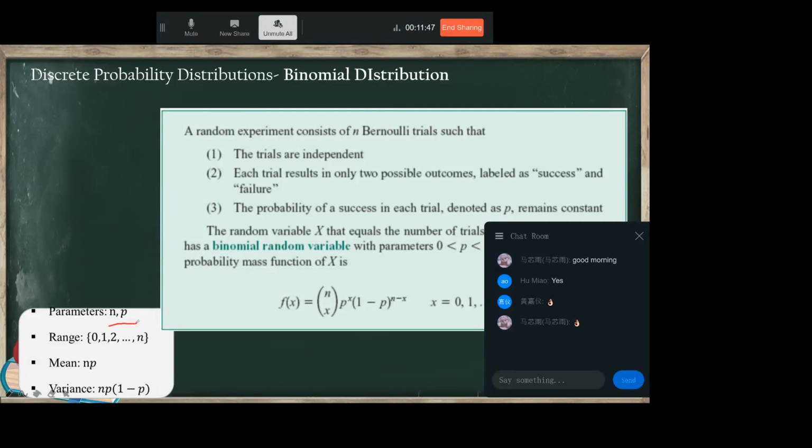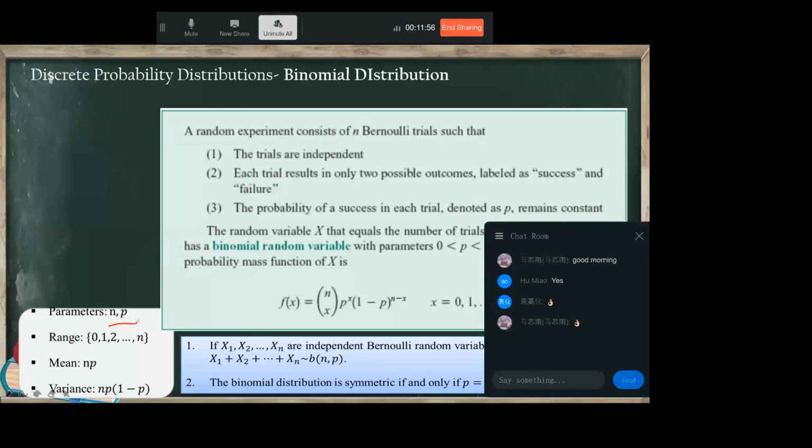N and P, right. So we have also discussed some questions regarding binomial distribution.